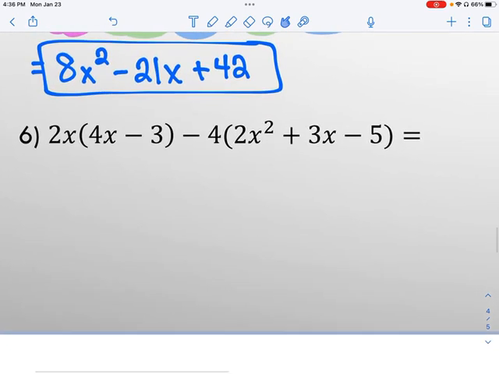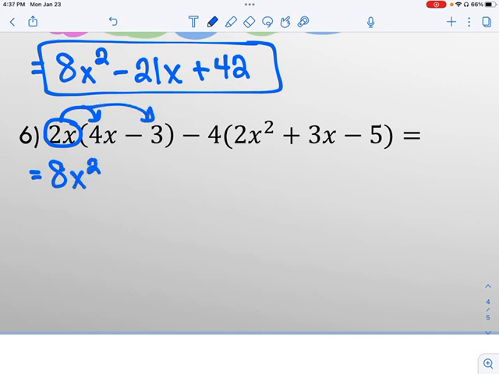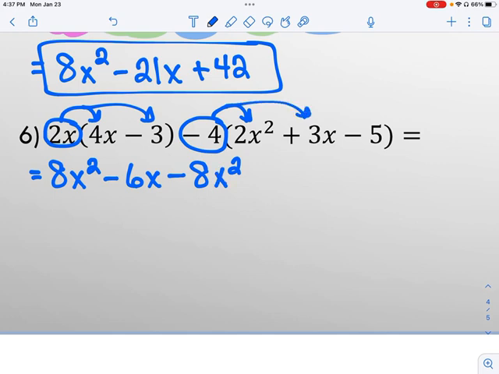Okay, let's try this last one here. On this one, you'll notice I'm distributing a 2x. So 2x times 4x gets me 8x squared. Then 2x times negative 3 is a negative 6x. Now I'm going to take the negative 4 and distribute it. Negative 4 times 2x squared gives me negative 8x squared. Then negative 4 times a positive 3x gives me a negative 12x.